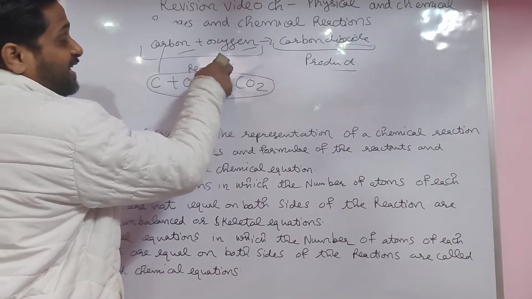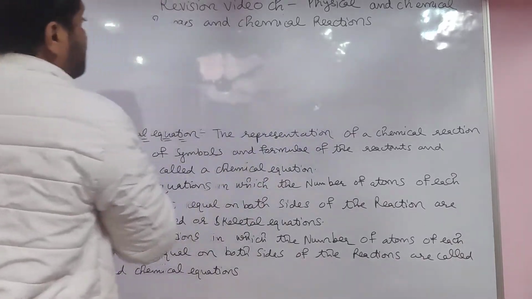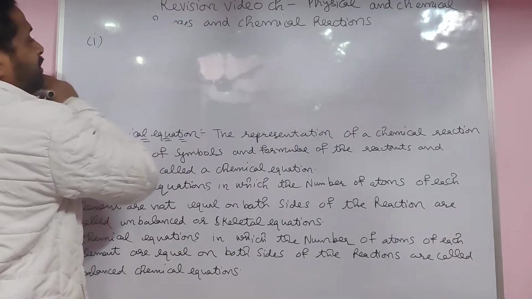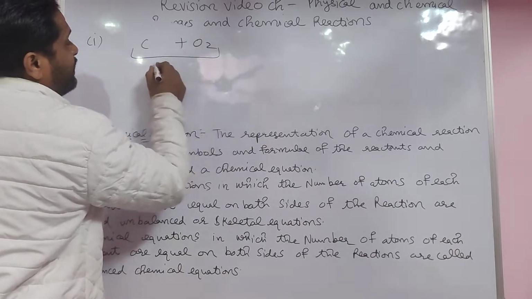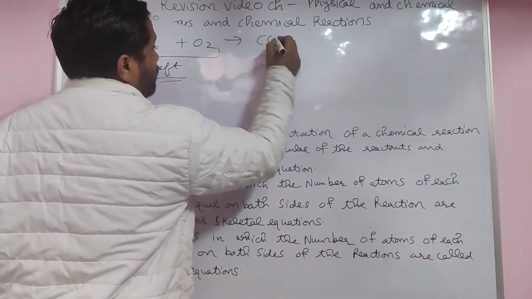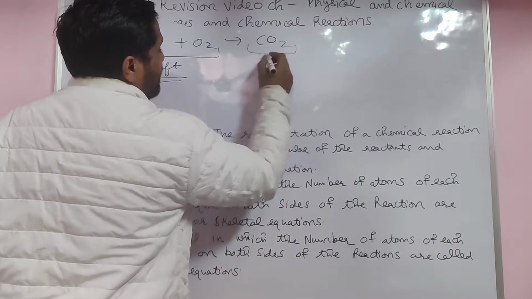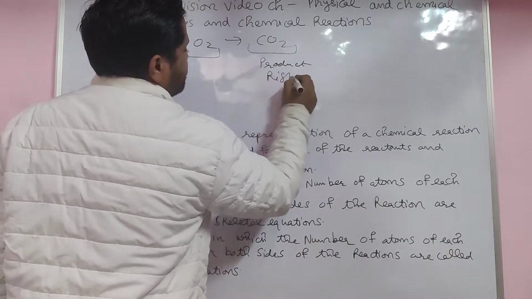This side is always the reactant side, this side is always the product side. First rule: when a plus comes between reactants, this is the reactant side, always the left side. Reactants are always written on the left side, and products always on the right side.